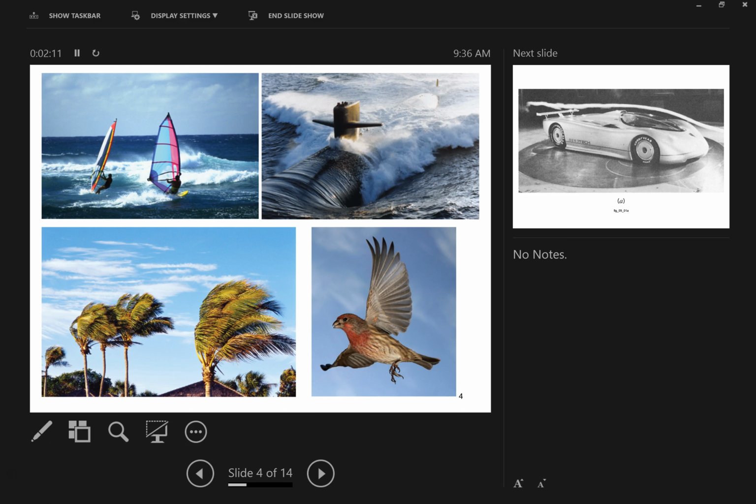Sailboats, submarines, planes. You have eyes on birds, you have eyes on whales, and their eyes are in a certain location, as I mentioned before, where it doesn't get blurry. We'll talk about all that stuff.